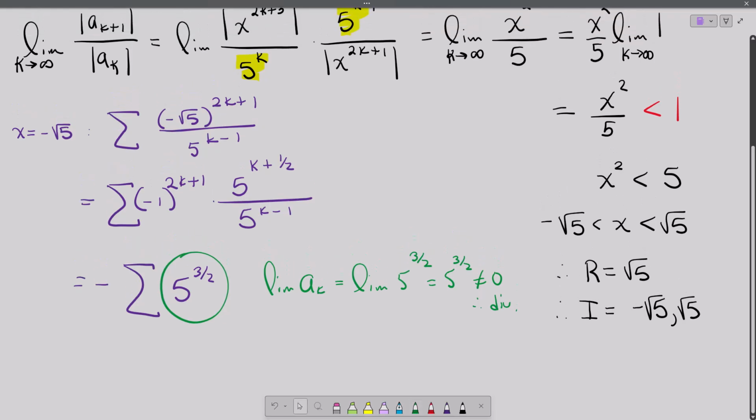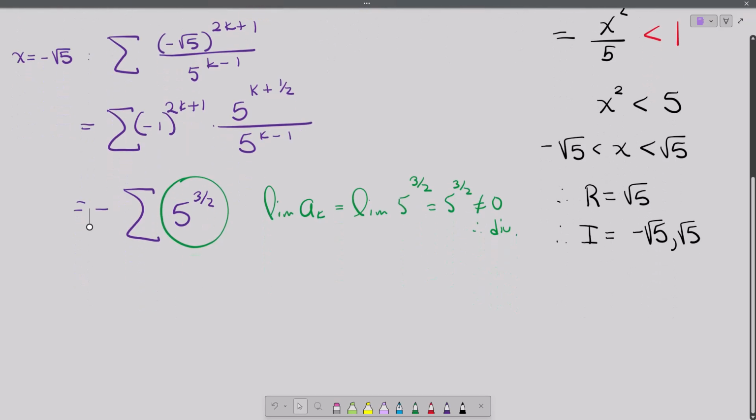Okay, now, let's just think in our head. We don't have time to write it all out. I can write it in my notes after. If this was just root 5 and not minus root 5, isn't the only difference that there's no switch? If we plug in root 5 without the minus, we're going to end up with the exact same thing, except this is going to be a plus in front, and we are going to also have divergence.